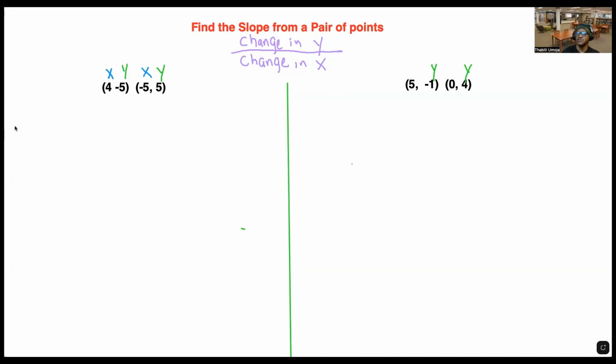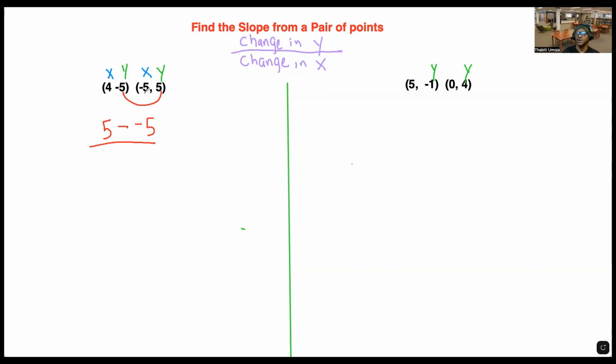And so our formula said the first thing we want to do is see the change in y and the change in x. Okay, and so to do so, we have the 5s here. These are actually our x values. So I have 5 minus, there's already a minus there in the 5, negative 5, right?